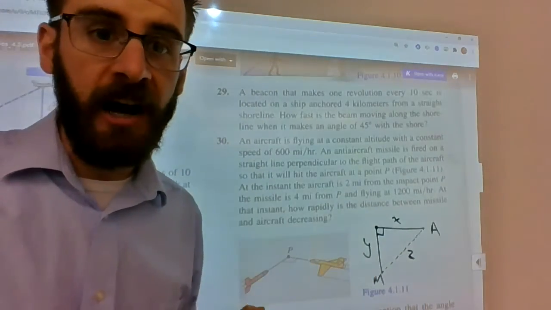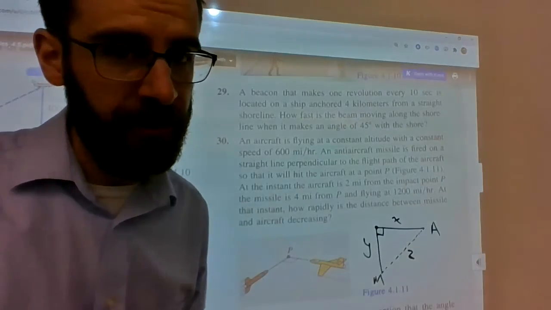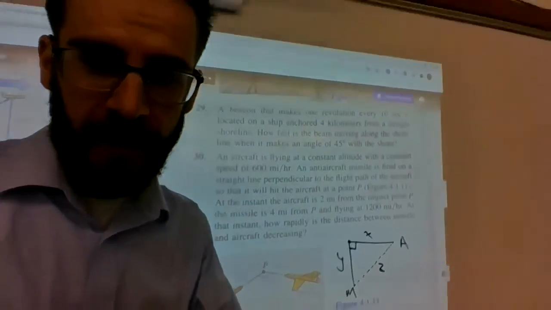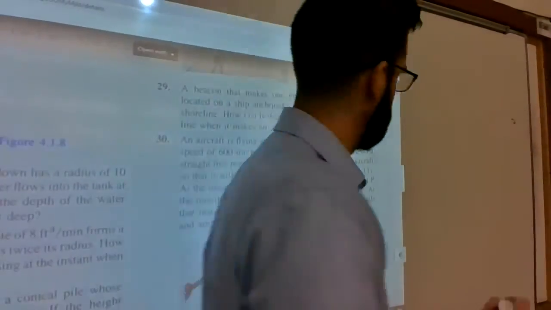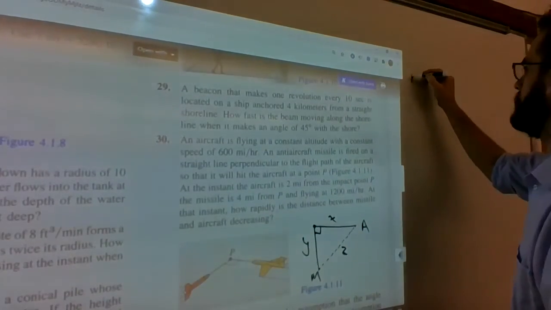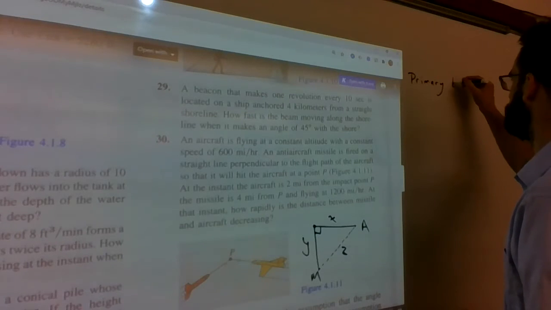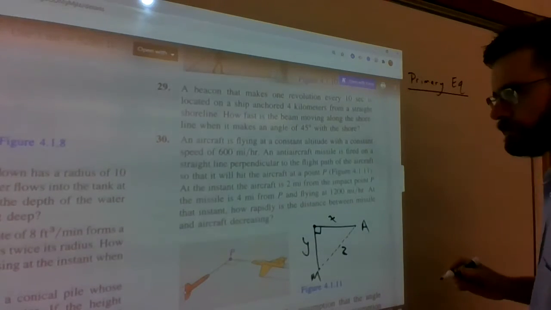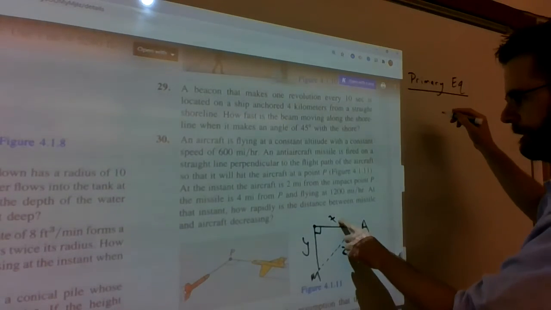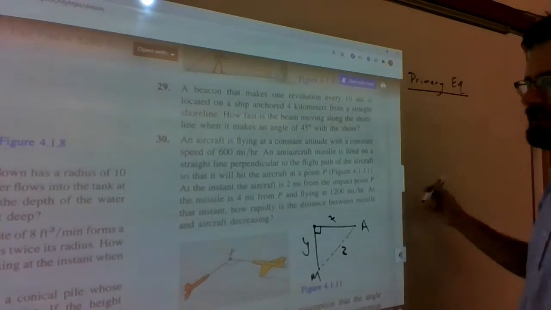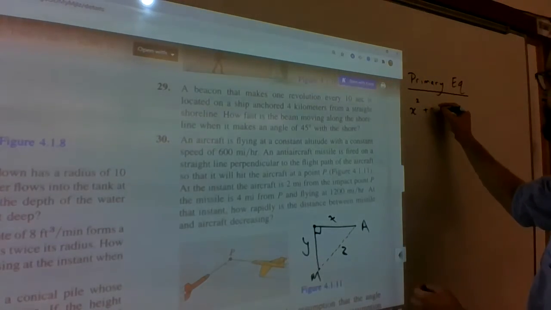You got that, okay? And I think we've got more information from this problem than what we've had in previous problems. So when you see that you've got a triangle and we're not really messing with the thetas, the angles inside here, we can be pretty confident that it's going to be the Pythagorean theorem for our primary equation. And that comes out to be the case for number 30.